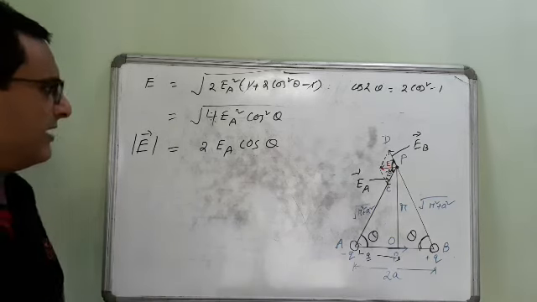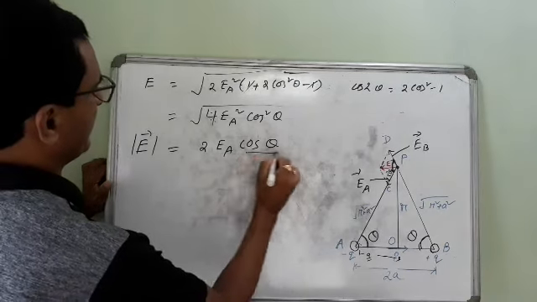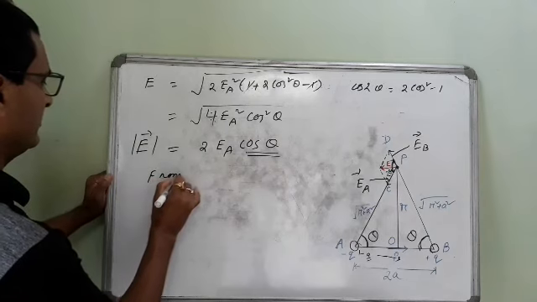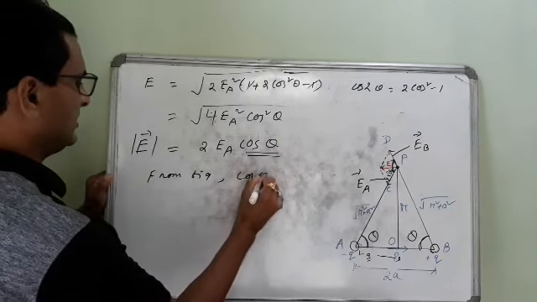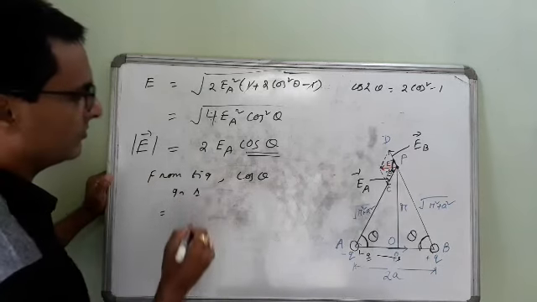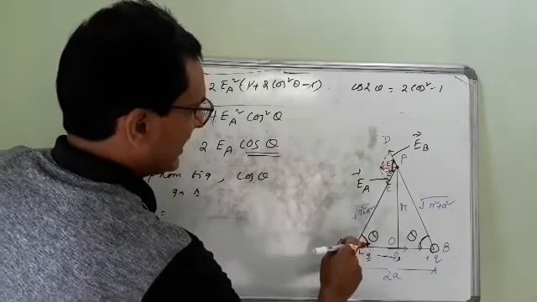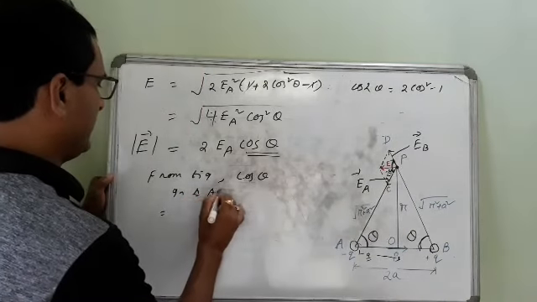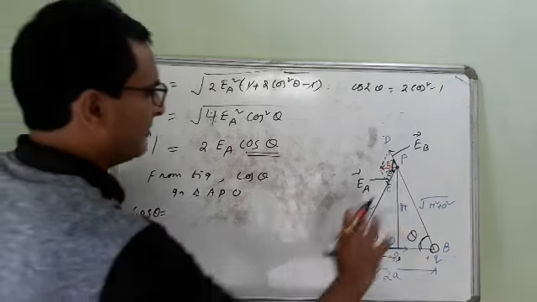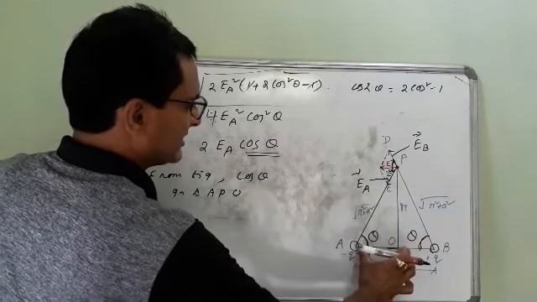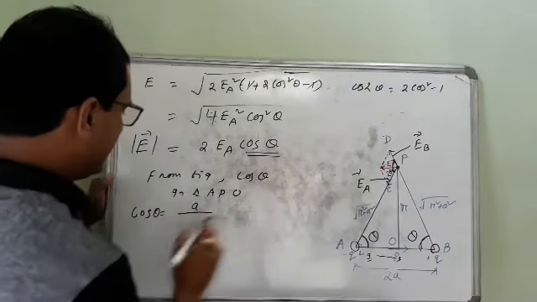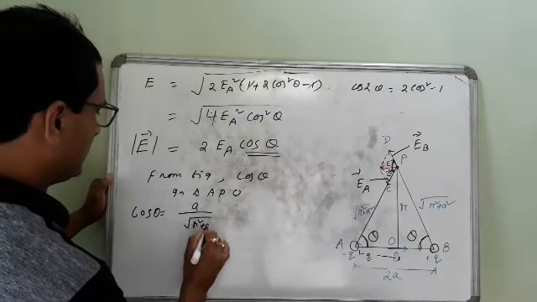But now we have to find out the value of cos theta. From the figure, cos theta is equal to, in triangle APO, cos theta is equal to B by H. This is B, which is A, and this is H, root over R square plus A square.